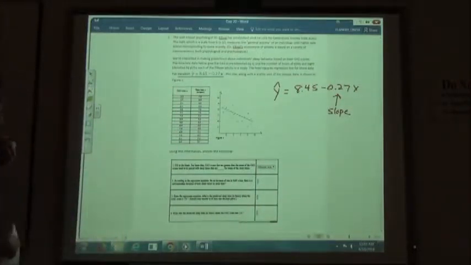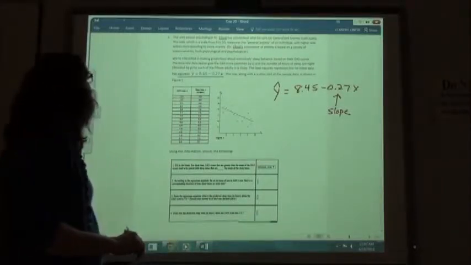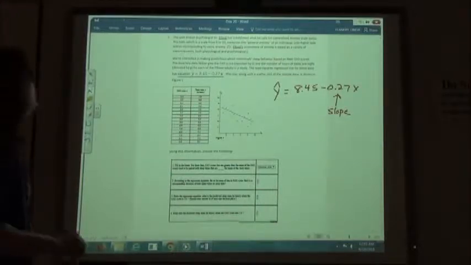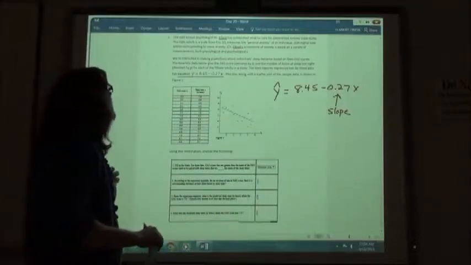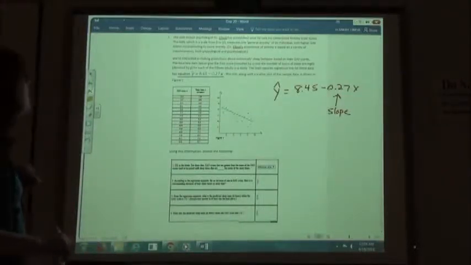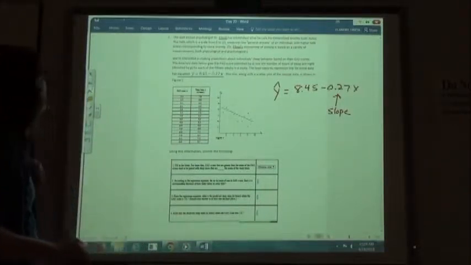The well-known psychologist, Dr. Elbod, has established what he calls his generalized anxiety scale, GAS. The GAS score, which is a scale from 0 to 10, measures the general anxiety of an individual with a higher GAS score corresponding to more anxiety. Dr. Elbod's assessment of anxiety is based on a variety of measurements, both physiological and psychological.